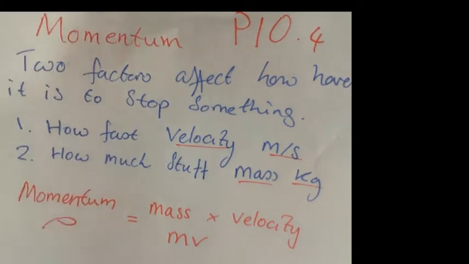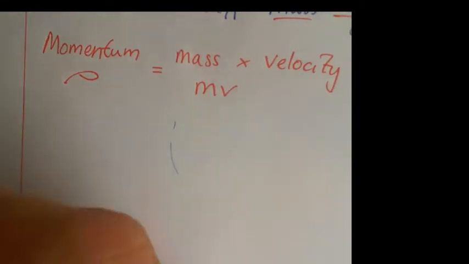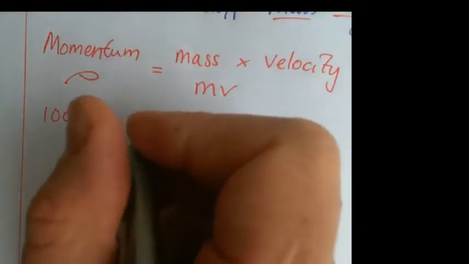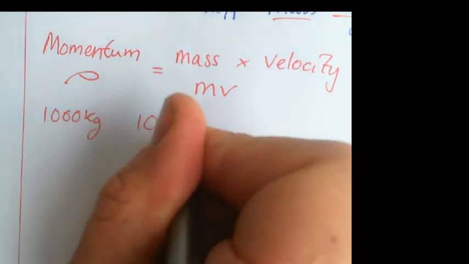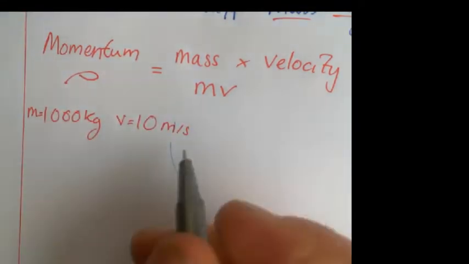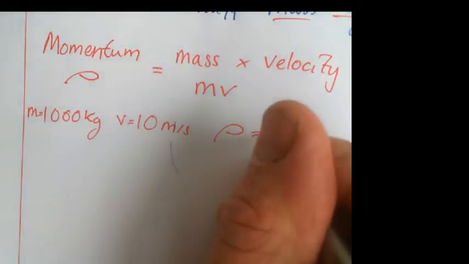Okay, so let's give you an example. The car has a mass of 1,000 kilograms. It is travelling at 10 meters per second. So m equals 1,000, v equals 10. What's the momentum?